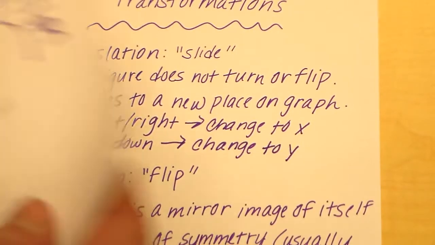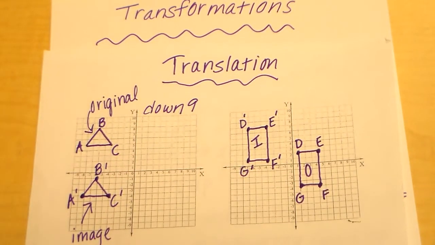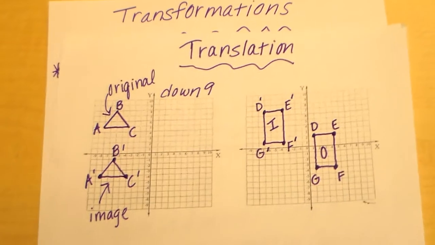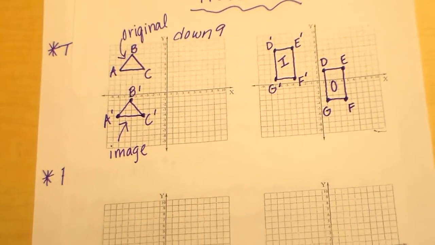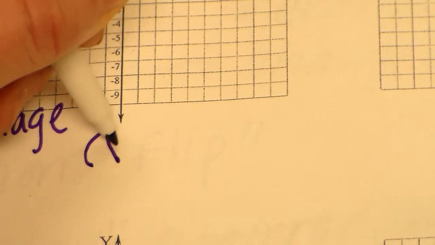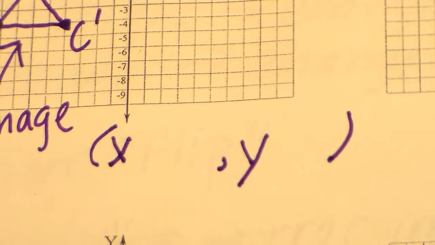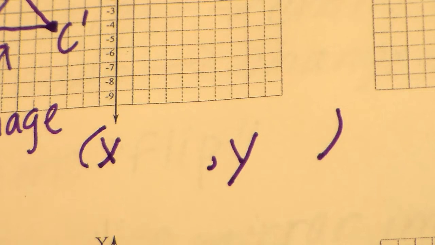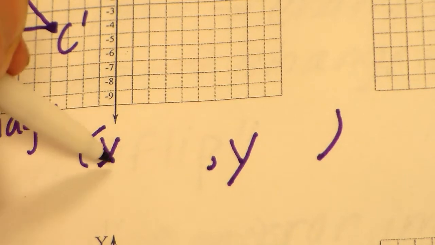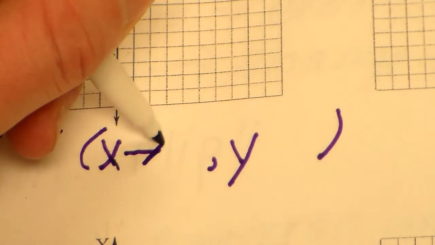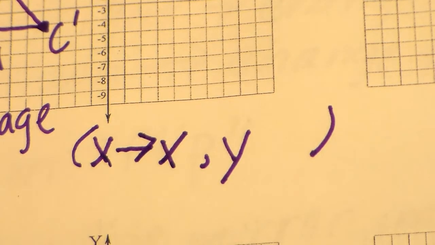Okay, so going back to this now, instead of just saying down 9, you're going to see it labeled this way quite a bit. And I'll zoom in again so you can see. I'm going to write it below the picture I just did. Down 9, well, my y-axis is my up and down. So normally we'd have x, comma y. And notice that I'm spreading it out in the ordered pair here, because we're going to show what the change is. I didn't move this graph left or right, so there's no change to x. So x stays x.